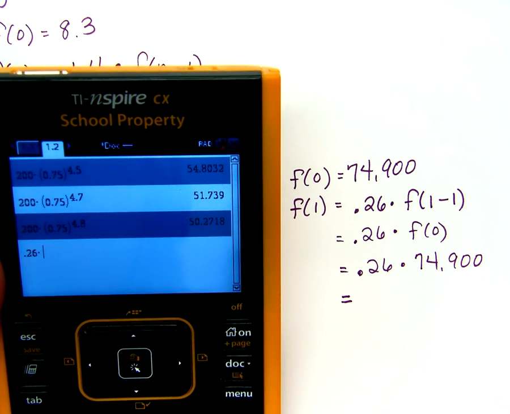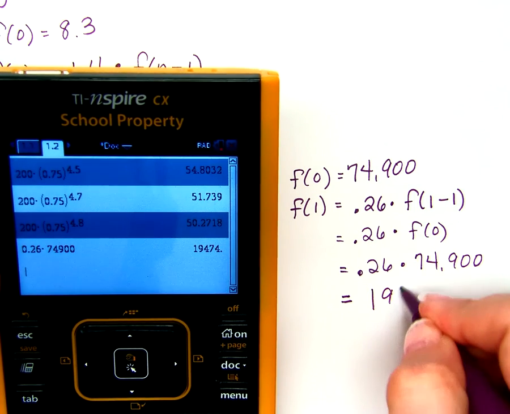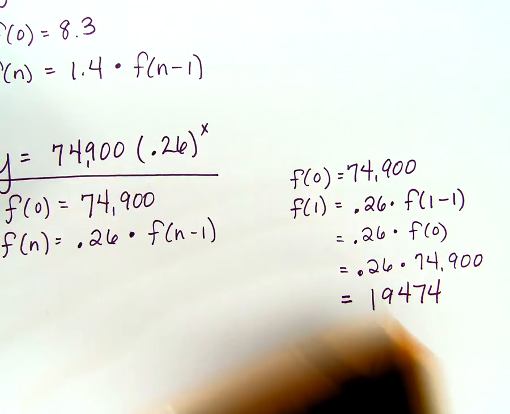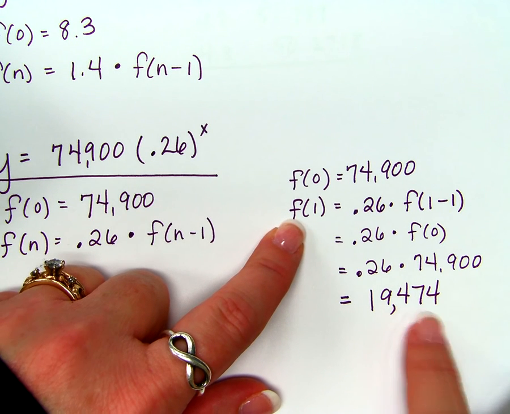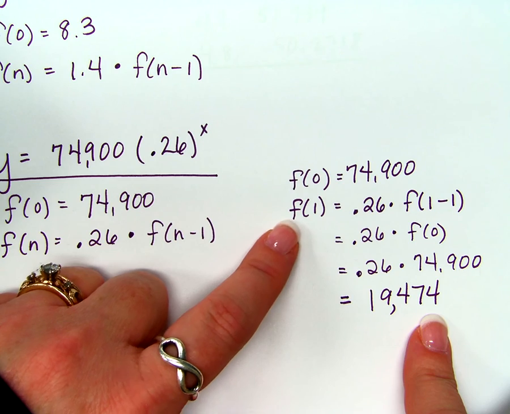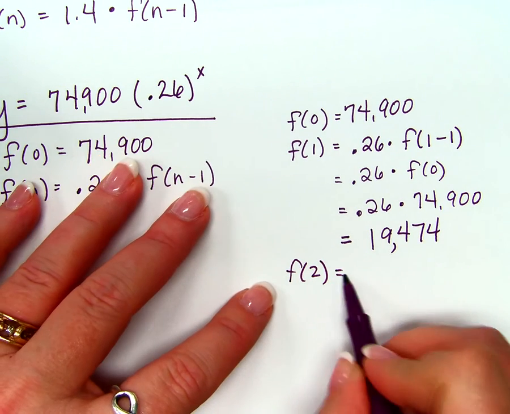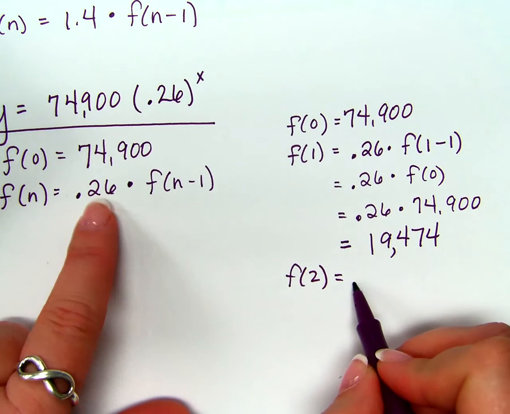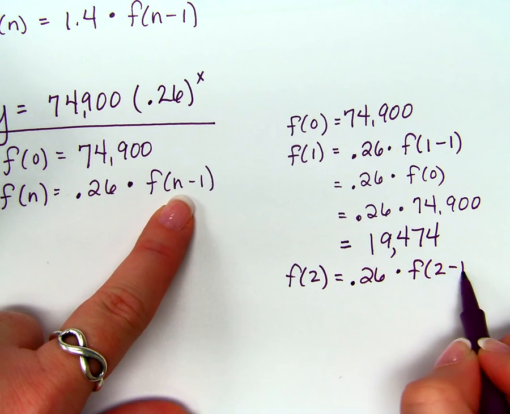0.26 times 74,900 is 19,474. So f of 1 is 19,474. Okay, so far? What about f of 2? Wouldn't that be 0.26 times f of 2 minus 1?